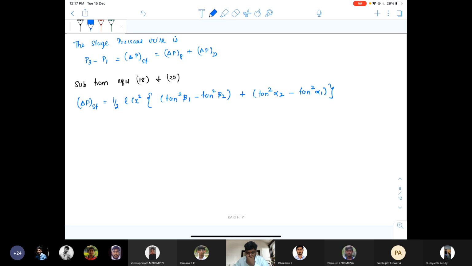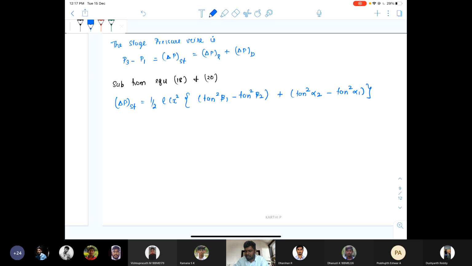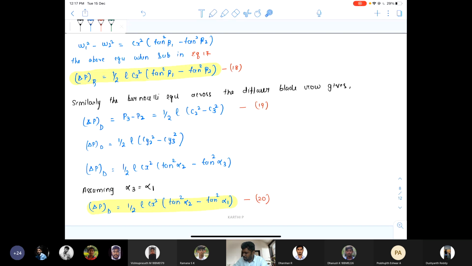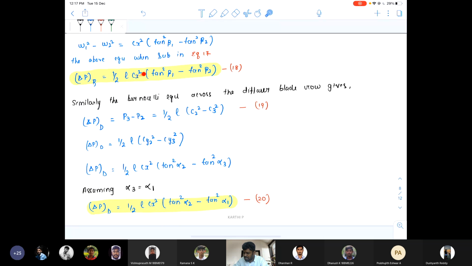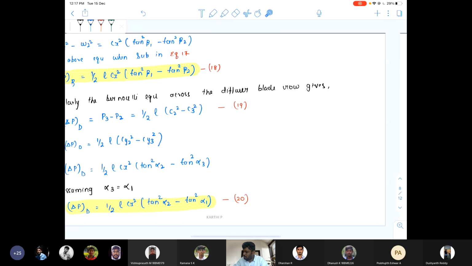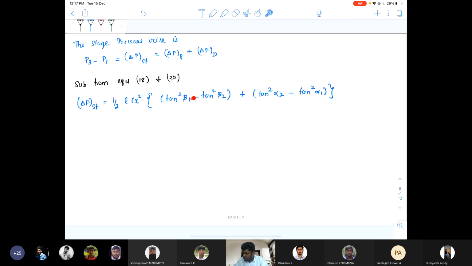Okay, we have made a summation of the rotor and the diffuser. By adding the two equations, taking 1 by 2 rho times Cx square as common, you will be getting this equation.